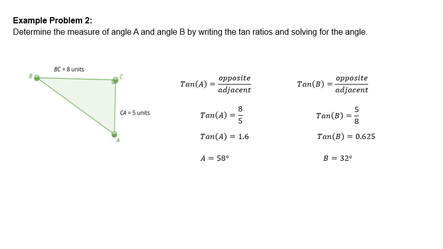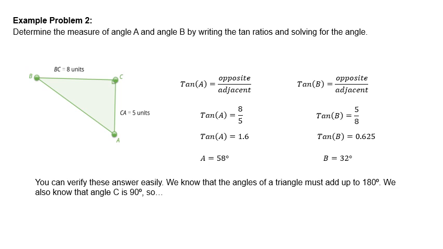The neat thing is, now that we've found angle A and angle B, we can go back and check to make sure we're correct. So you can verify these answers easily. We know that all of the angles of a triangle have to add up to 180 degrees. So angles A, B, and C have to add up to 180 degrees.